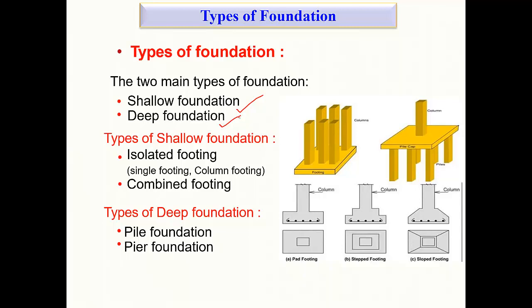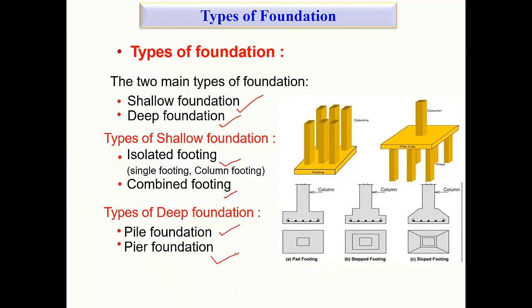Now the types of shallow foundations: isolated footing, right? It might be a single or column footing, and combined footing. You can see some examples of footings here. And for the types of deep foundations, we go for pile foundations or pier foundations.